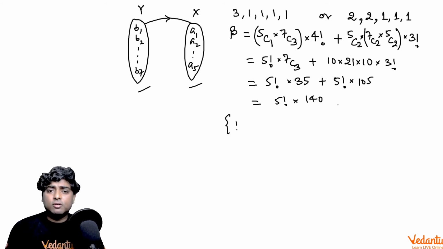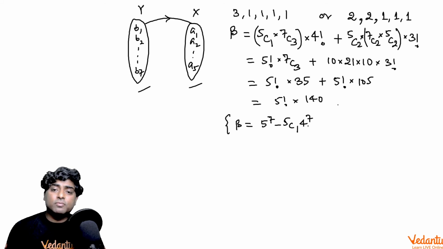However, beta can also be calculated using the formula of getting onto function, which comes from the idea of principle of inclusion exclusion. It says it must be 5 raised power 7 minus 5C1 into 4 raised power 7, total number of functions minus the cases when at least one element of x is not engaged with any element of y. That can be chosen from 5C1 ways.